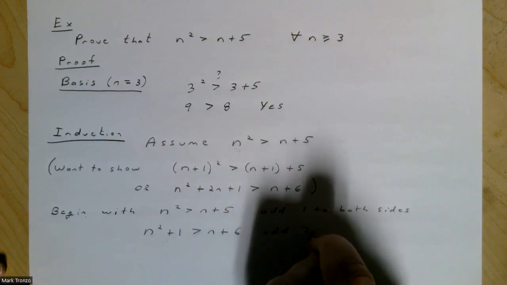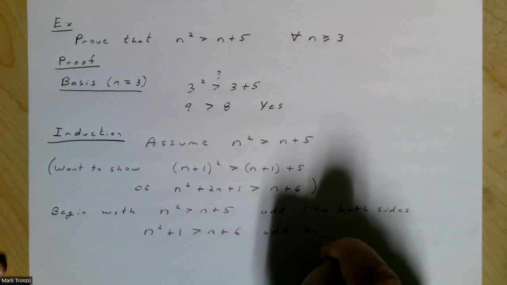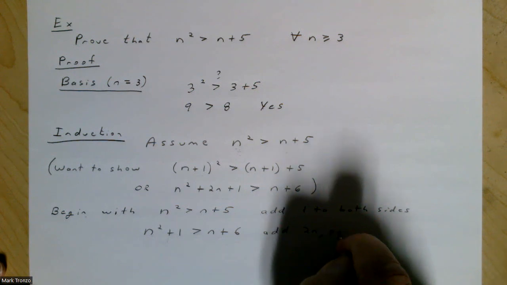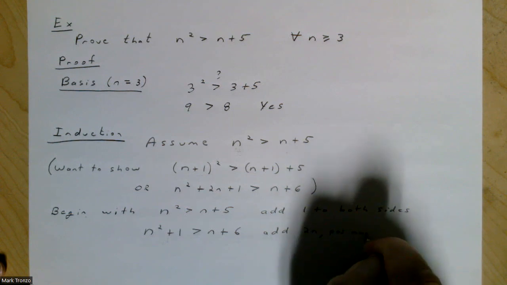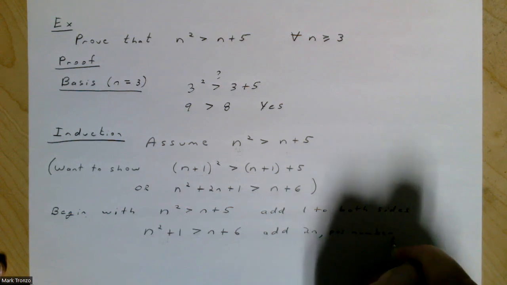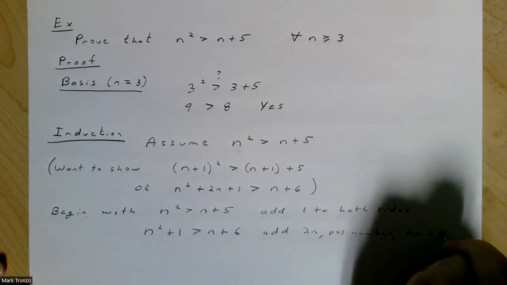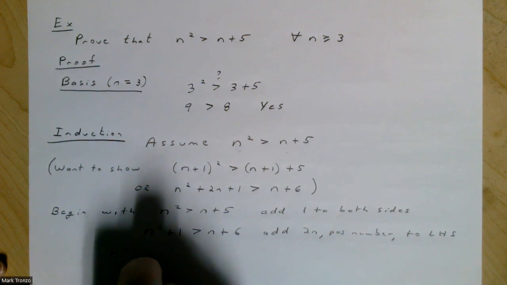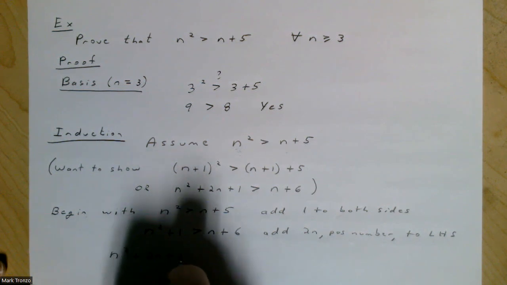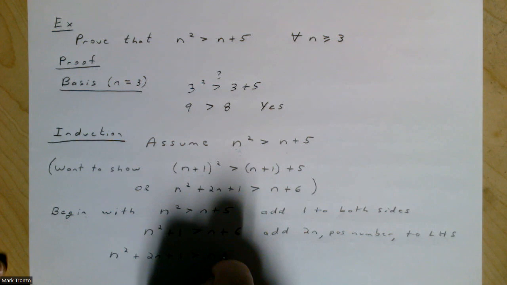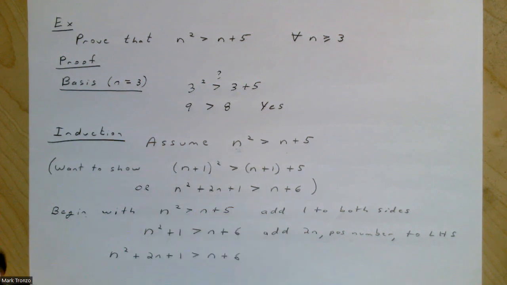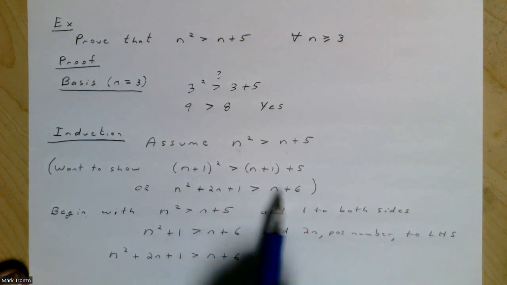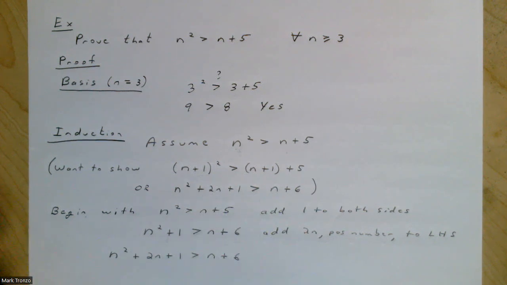Add 2n, which is a positive number, to the left-hand side. N squared plus 2n plus 1 is greater than that. And that's what we were trying to show. We were trying to show that this was greater than that.